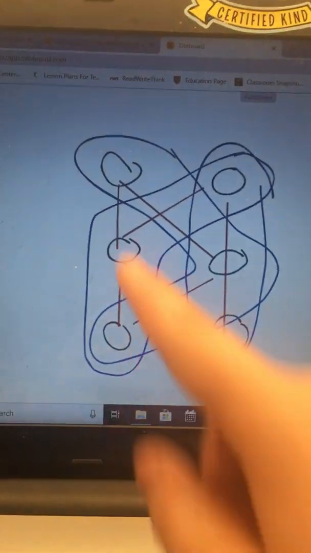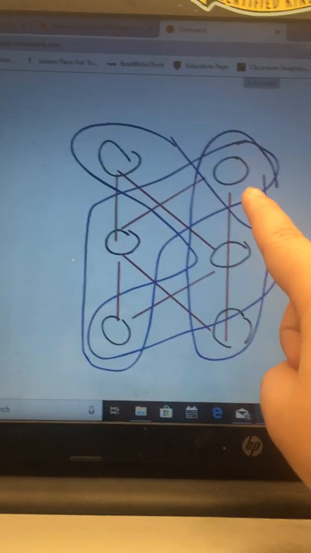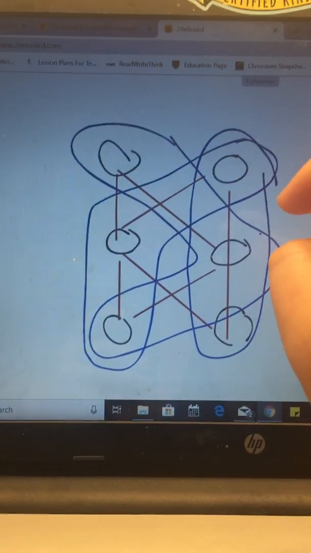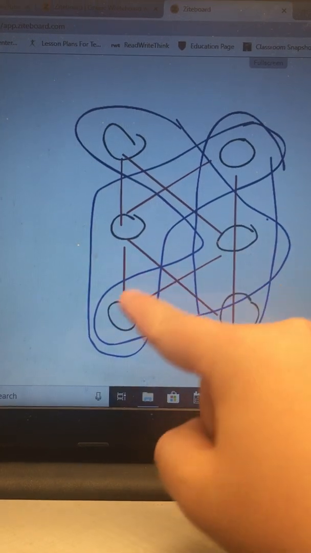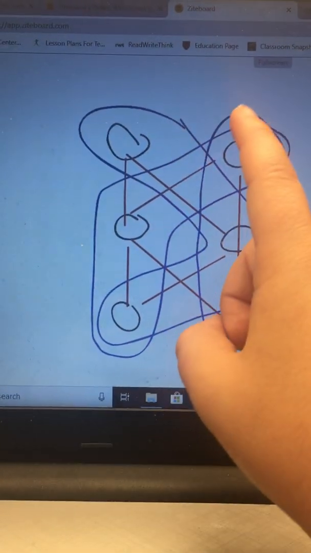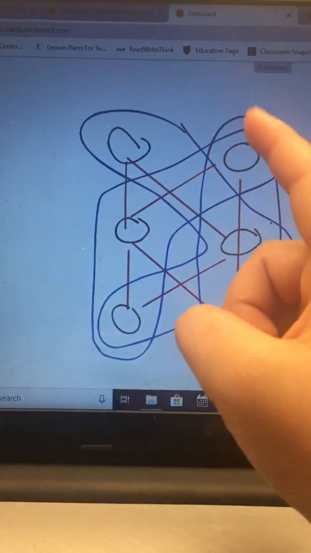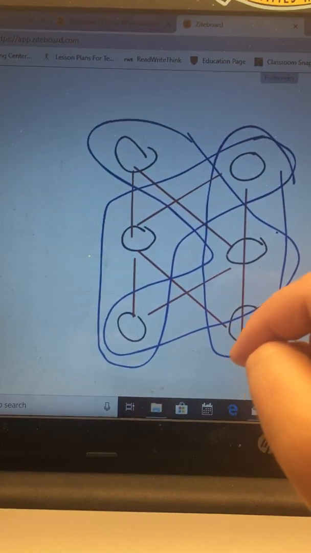Adding on to another one, we can see that this point is shared among these 2 lines. This point is shared among these 2 lines. This point is shared among, well, actually just one line that's not shared among another one.